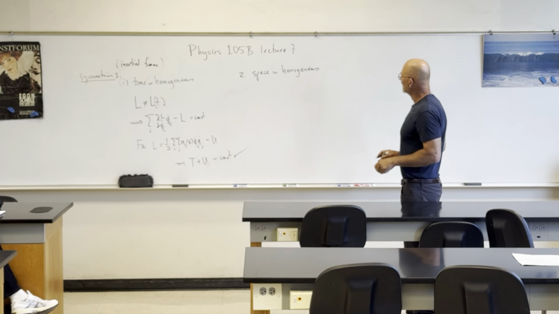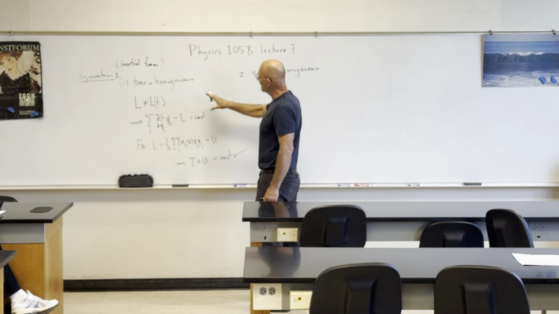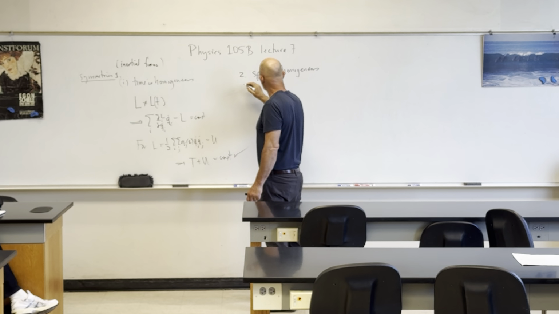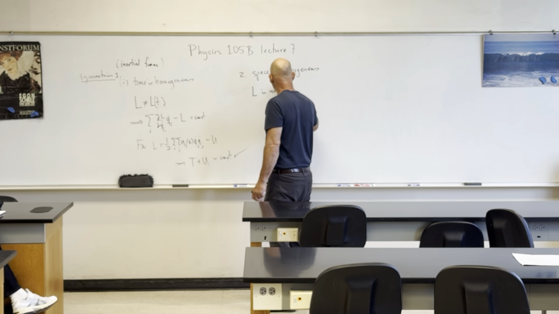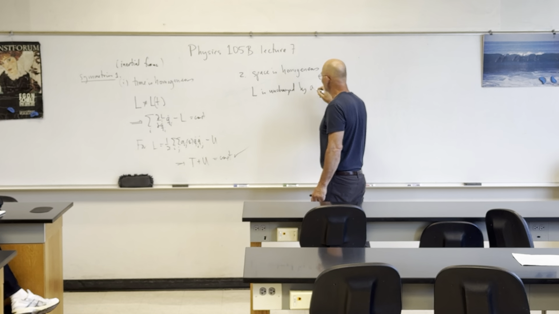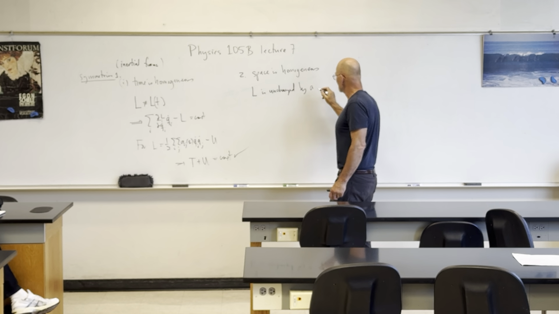So because of that, we're going to turn the argument around now. We're not going to have a cyclic coordinate, but we're going to impose something on the Lagrangian. We're going to say L is unchanged by an infinitesimal translation.